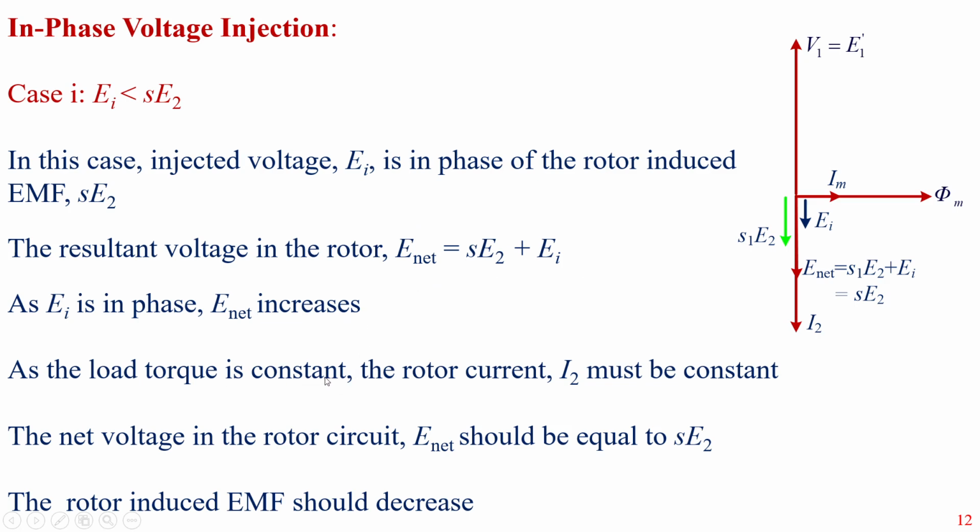Again, as the load torque is constant, the rotor current must be constant. The net voltage should be equal to SE2. So here the rotor induced EMF should decrease.